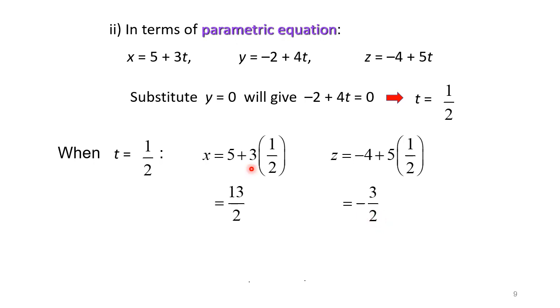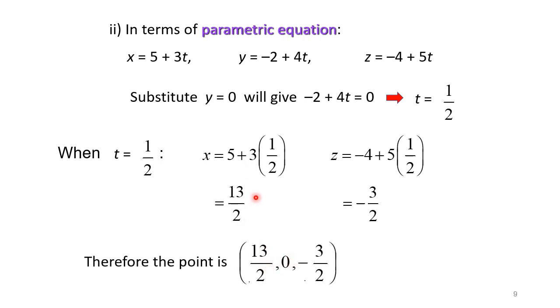So we can write down the coordinates when y equals 0: 13 over 2 for x, 0 for y, and negative 3 over 2 for z. Write down the brackets here because the answer must be in coordinates. The point must be in coordinates, not in vector. So remember, don't mix up the vector with the coordinate.